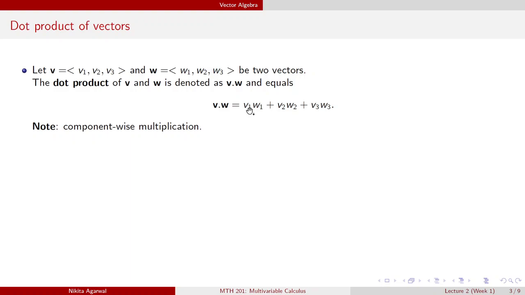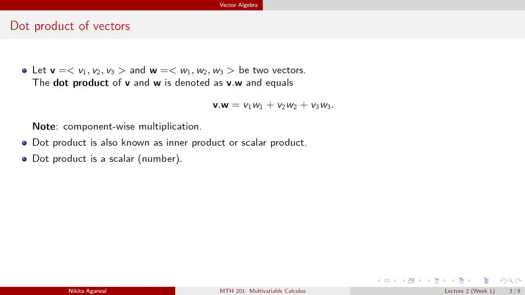So you can see clearly that it doesn't matter what vector comes first, in the sense that W dot V is same as V dot W, right? This dot product is also known as inner product or scalar product, but we are going to use the terminology of dot product.